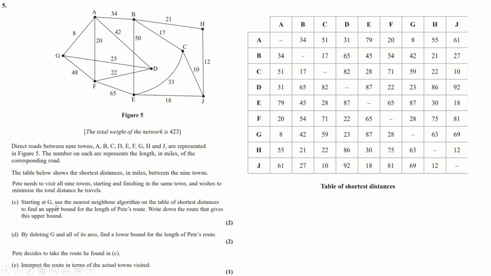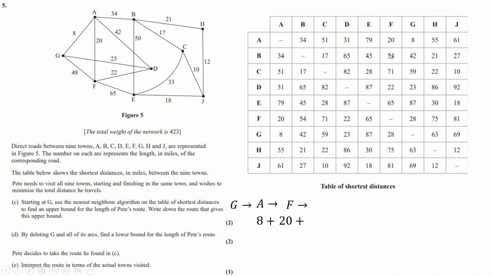Anyway, then it says use nearest neighbor starting at G. So from G, the nearest one we can go to is A. Only takes 8. Because it says find the upper bound now, I'm actually going to count it up as I go along because I am being asked to. And then from A, the smallest one is F. That's worth 20. And then from F, now you're only looking down one column at a time. That's the key thing here.